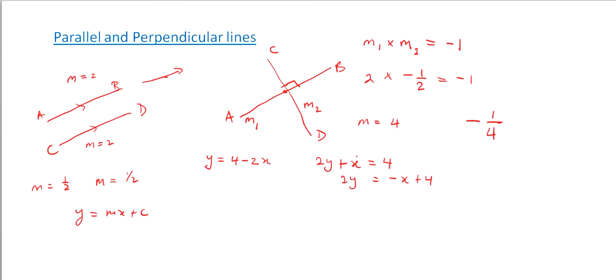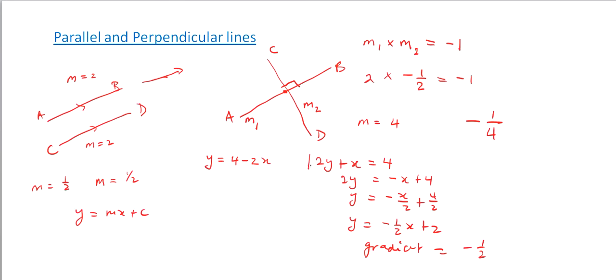All I did was move the x to the right hand side, and therefore y, you divide everything by 2, is equal to minus x over 2 plus 4 over 2, and this can be written as minus half x plus 2. So therefore the gradient of this line is equal to minus a half.